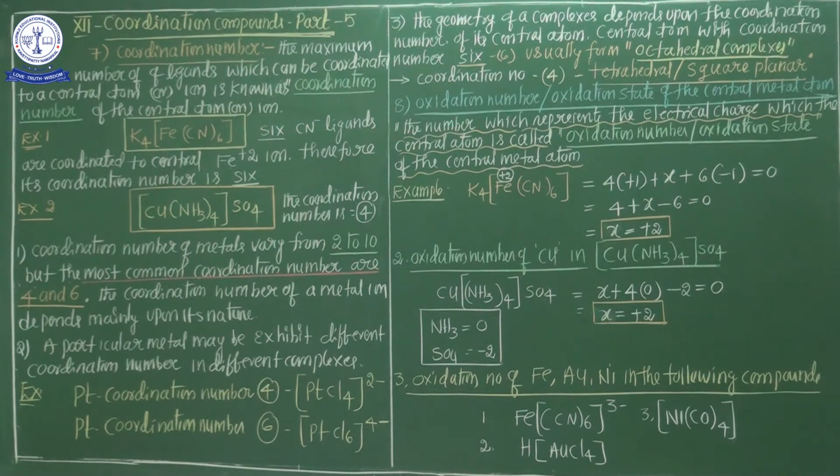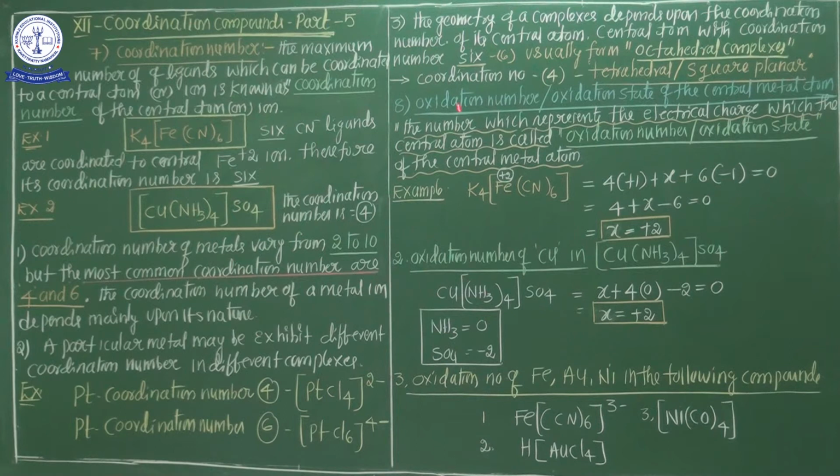That is the most important point, my dear student. Generally, the geometry of the complexes is either square pyramidal, octahedral or tetrahedral. So the coordination number alone decides the geometry.